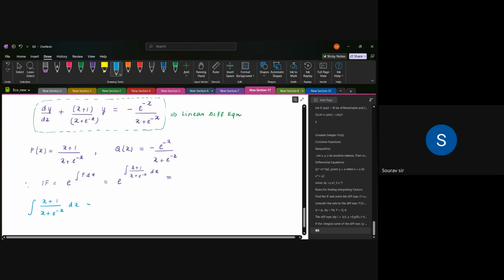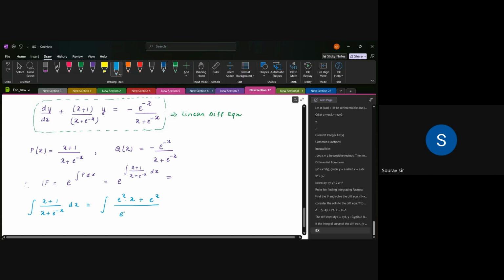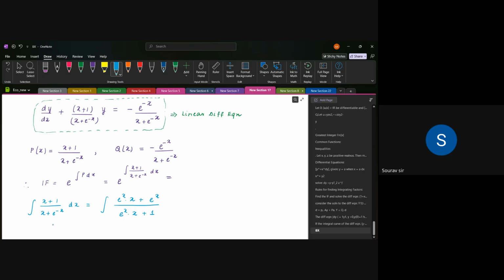I multiply numerator and denominator by e to the power x. Okay, and then if I do this, we can take the substitution x + e to the power x as u.